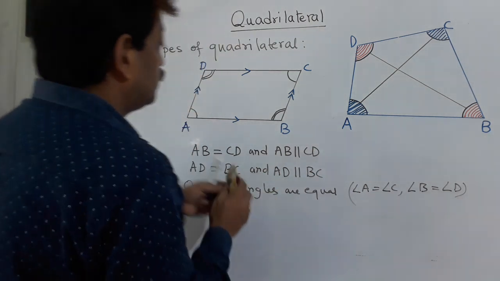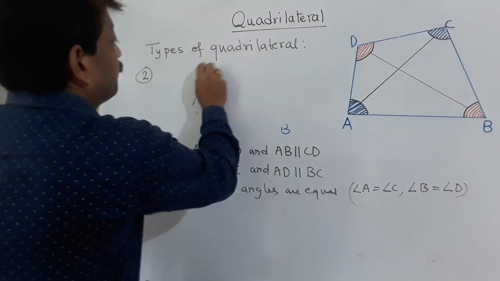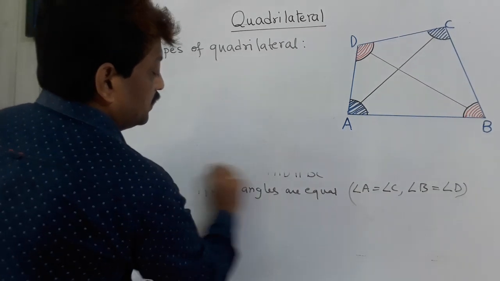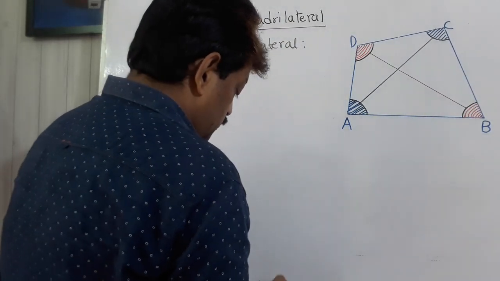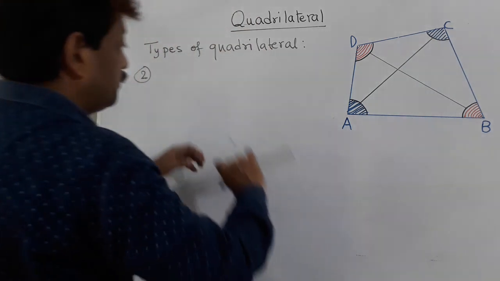Okay, one more quadrilateral is there. Another quadrilateral is a rhombus. So a rhombus is also a parallelogram.